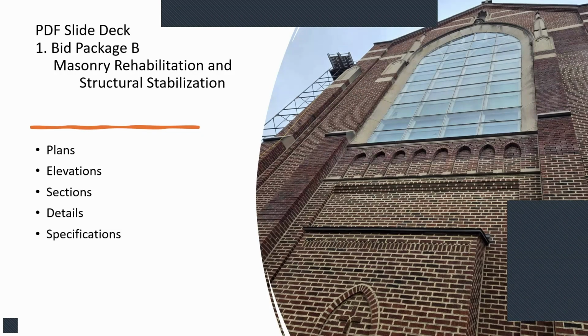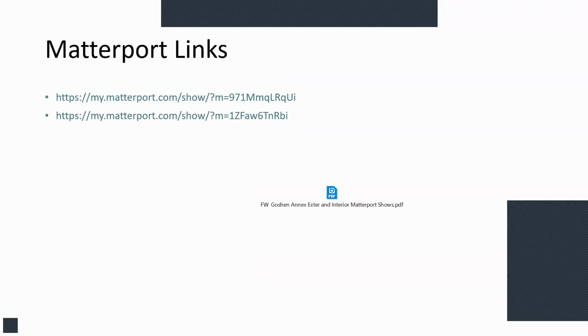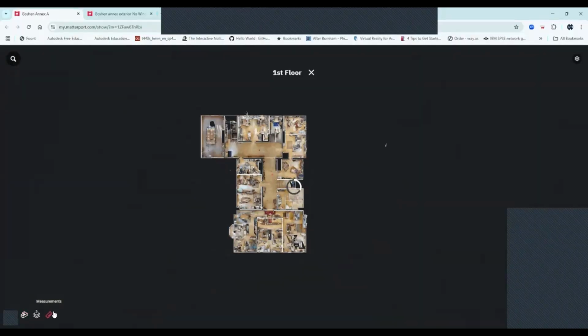We know that structural stabilization is going to be one of the things that Joe DeVito will be presenting. This particular project, St. Adalberts, is our best example of that. I'm going to try and see if I can pull up the Matterport and show it in a floor plan.